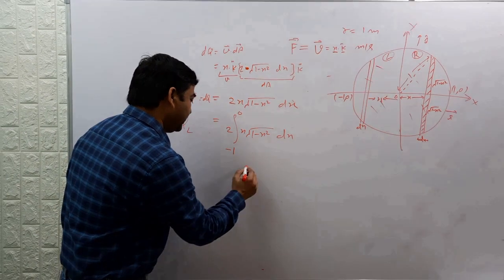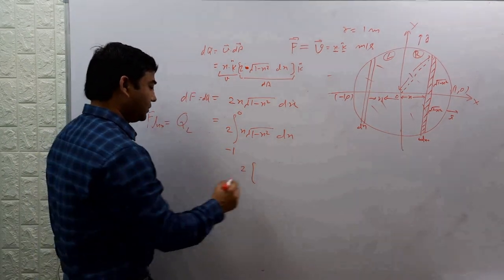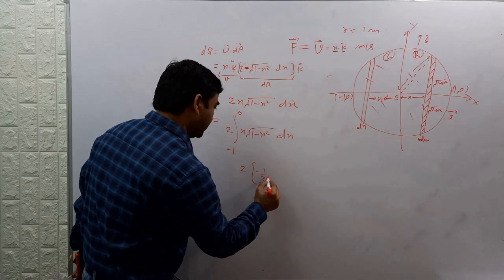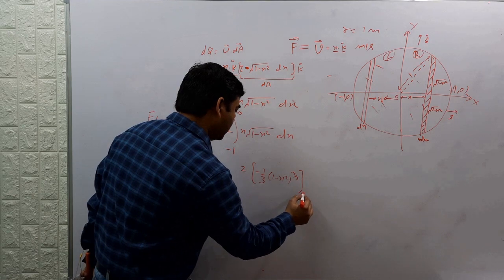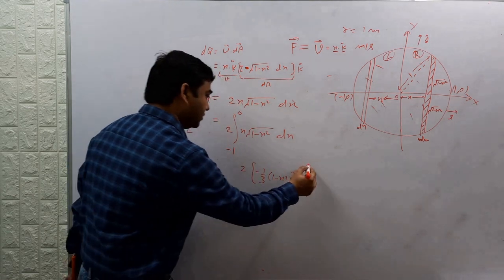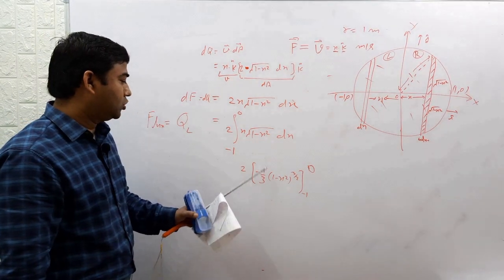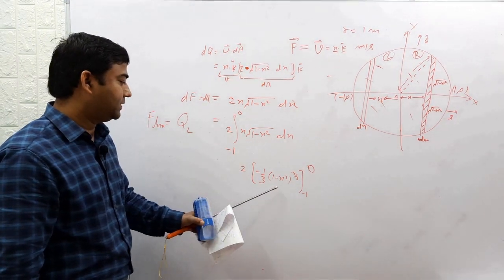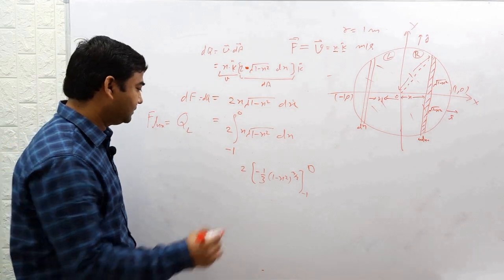So the same expression we have achieved here: minus 1 by 3, 1 minus x square to the power 3 by 2, from minus 1 to 0. We have directly put here the value of the integration.